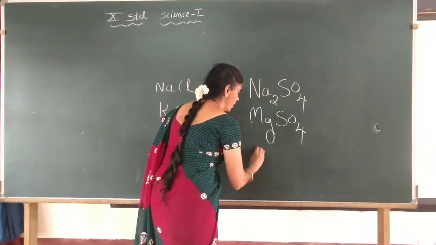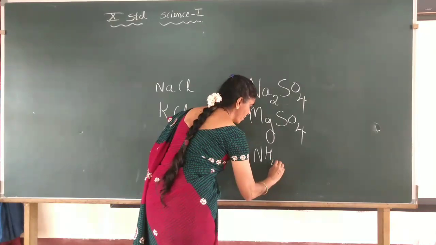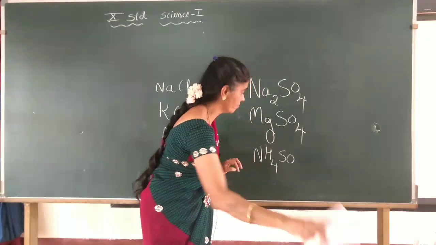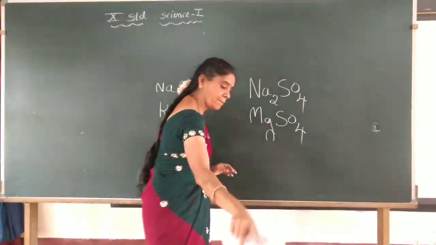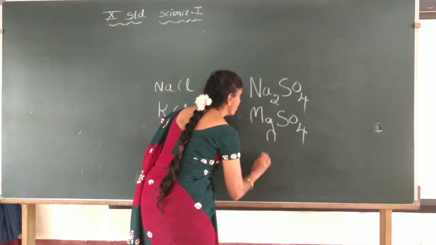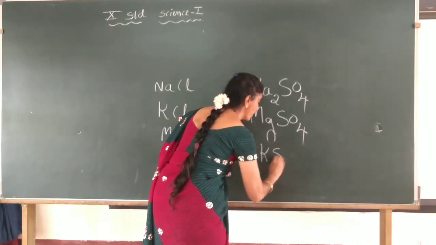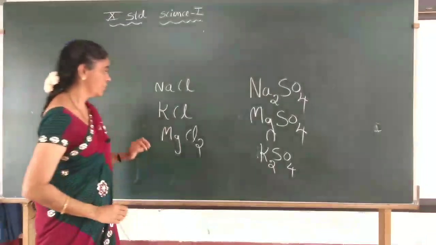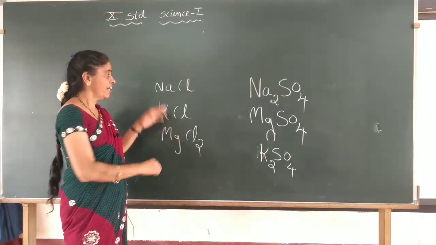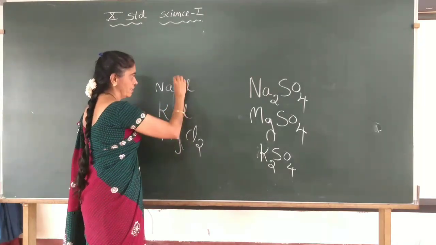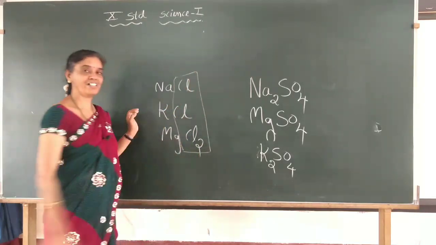Or ammonium sulfate or ammonium chloride. Potassium sulfate I will write, K2SO4.